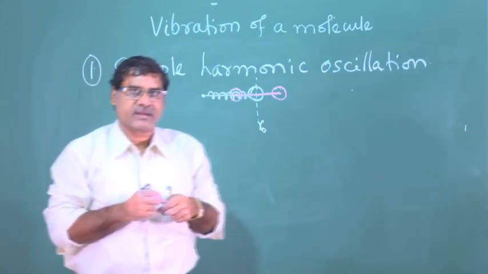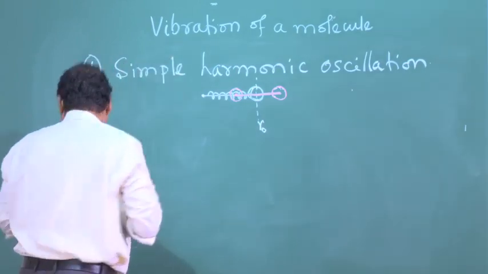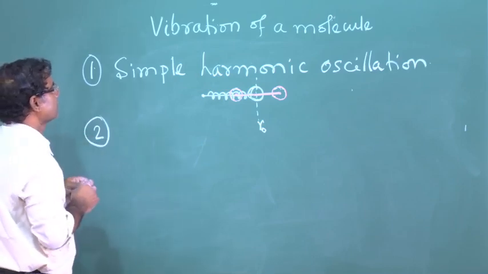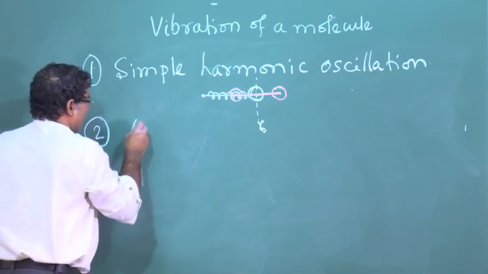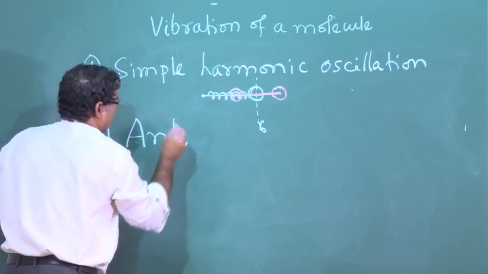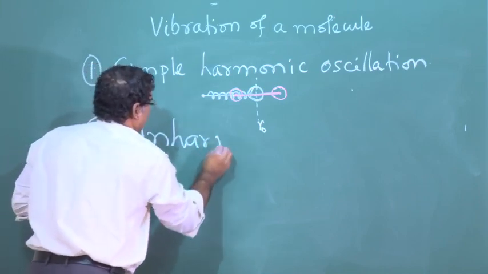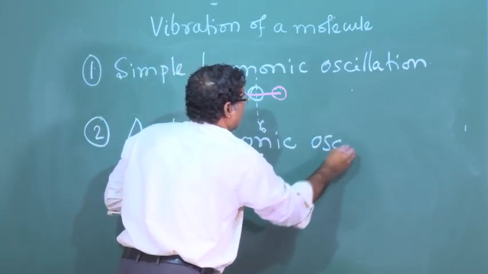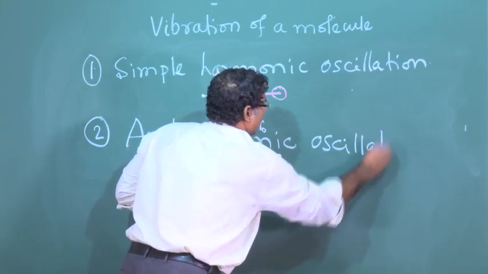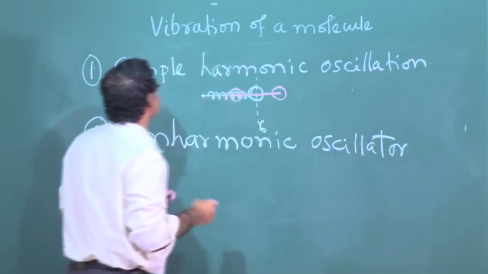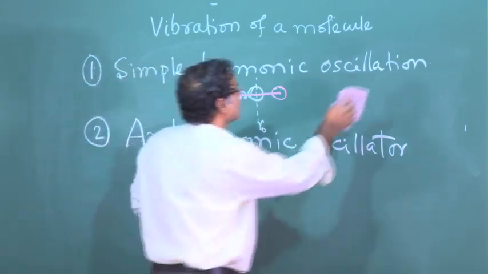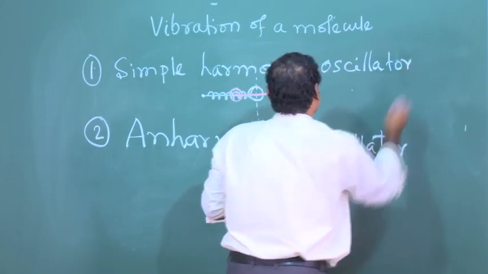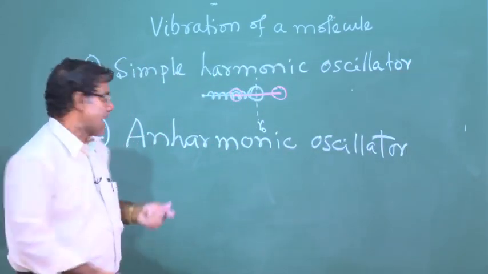It is slightly deviated from this model, and that is called basically an anharmonic oscillator. So one case is the simple harmonic oscillator, and another case is the anharmonic oscillator.